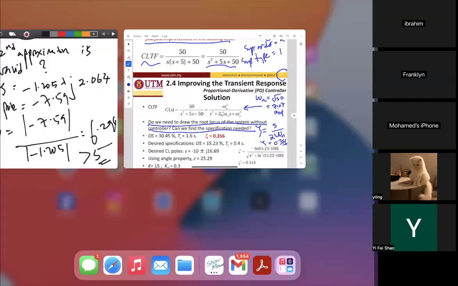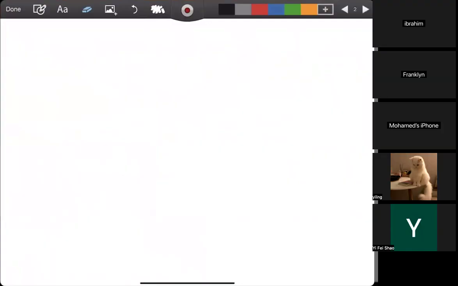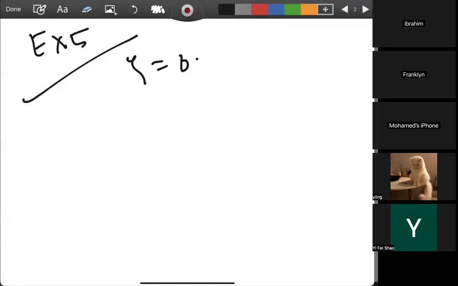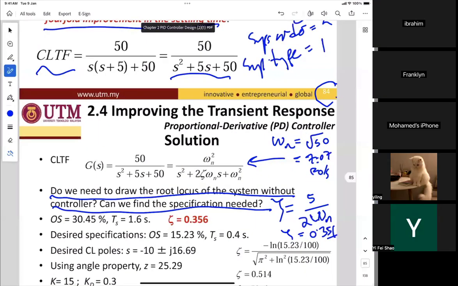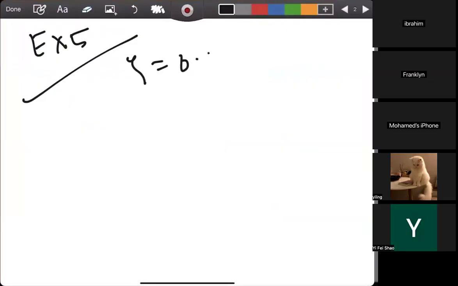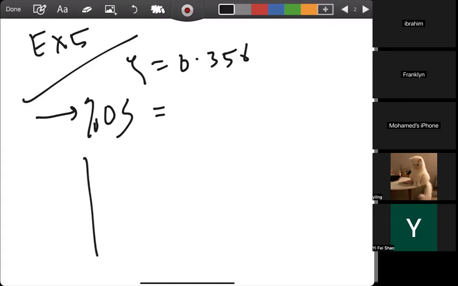We calculated zeta 0.356, am I right? Vian, can you help me find the overshoot from the graph at 0.356? Around 30.2%, from the graph.